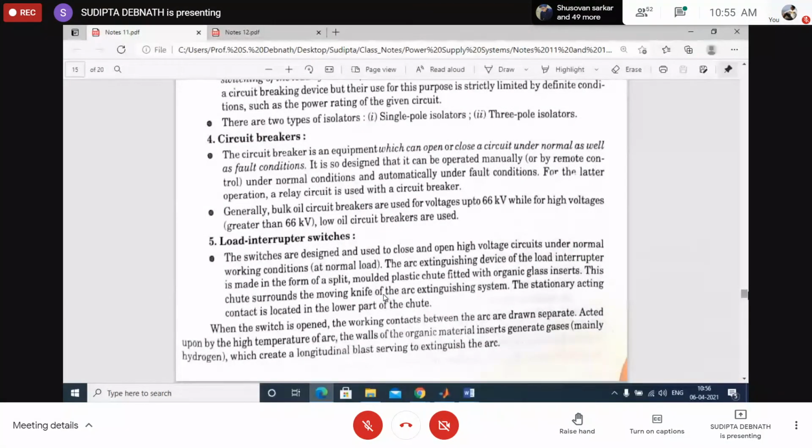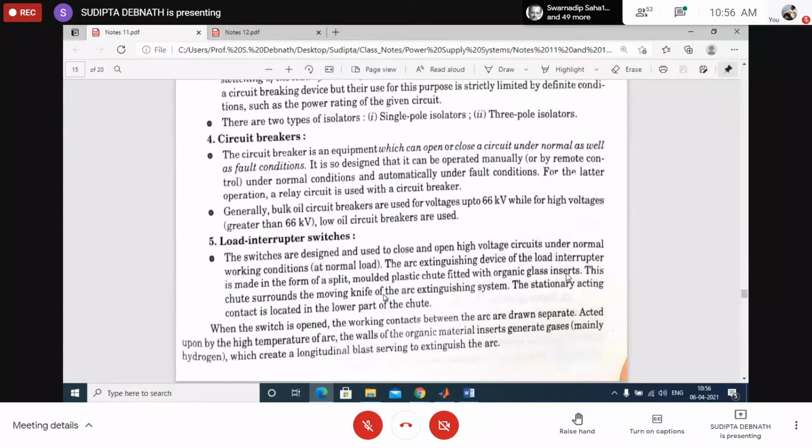Now load interrupter switches, because so many loads are connected, these switches are designed and used to close or open high voltage circuits under normal working condition. The arc extinguishing device of the load interrupter is made in the form of a split molded plastic chute fitted with organic glass inserts. So lots of partitions are there.